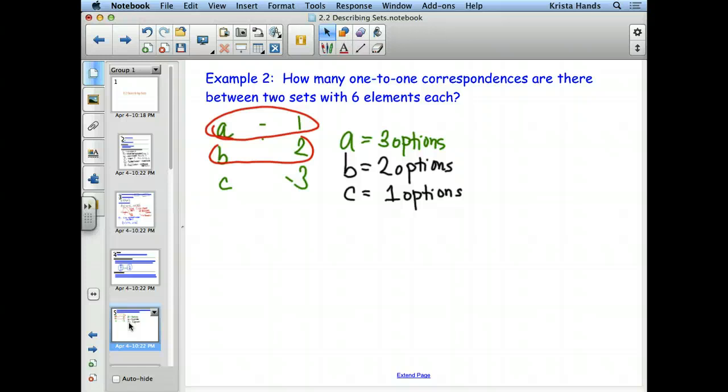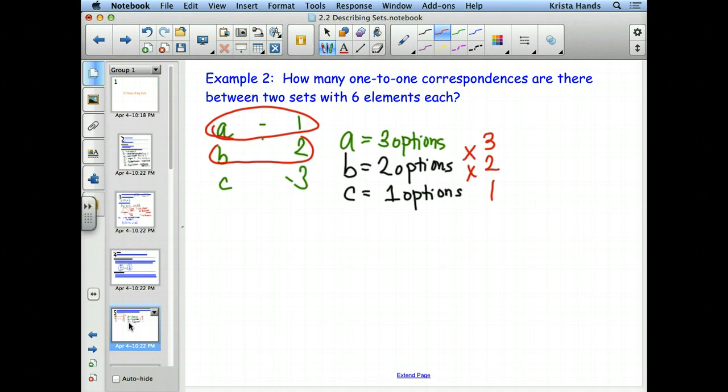One of the things that we're going to see corresponding here far, far down in this lesson is something called the fundamental principle of counting. And it says that when we take a look at the number of ways something can happen, we would multiply all the different single options together. So if there are 3 ways that this could happen, and there are 2 ways that this could happen, and there's 1 way that this could happen, and we multiply all 3 of these together, I would have 6 different possible pairings that I could have written down.